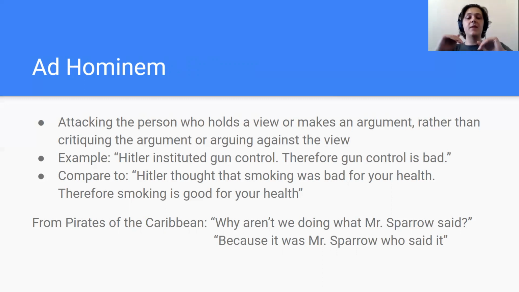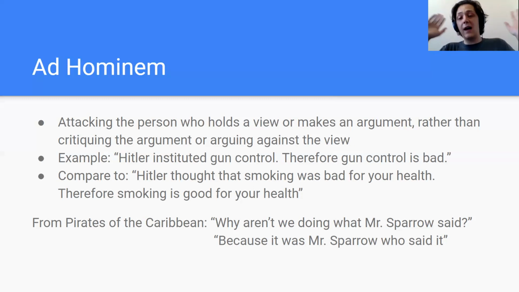So instead of arguing against the view, giving reasons to think that a certain claim is wrong, you just give reasons to think the person who made the claim is bad. But that's a fallacy, because bad people can say true things sometimes. Broken clocks are right twice a day and that kind of thing.